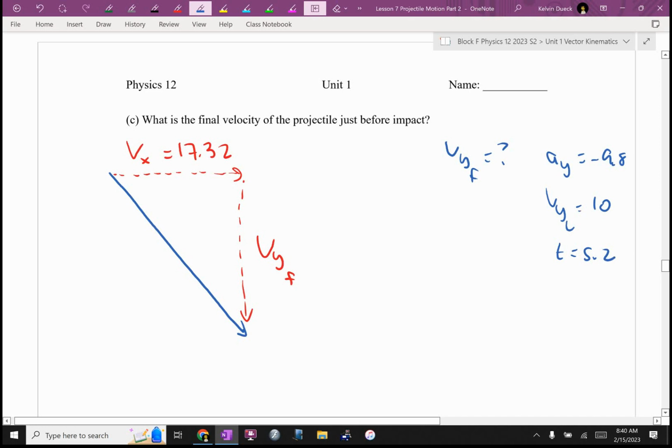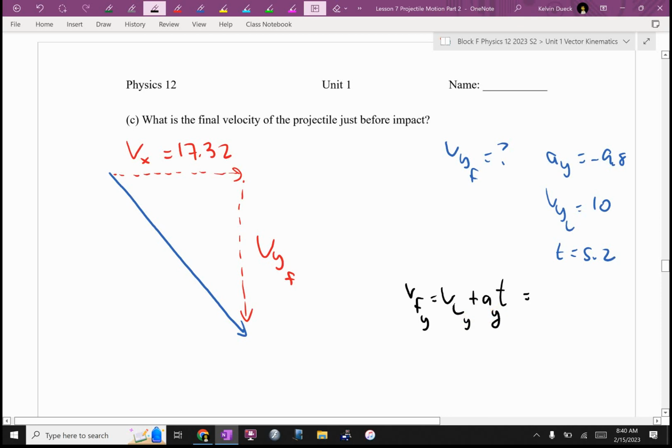I could use the height that we found using Vf squared equals Vi squared plus 2ad. The only problem is that always gives you a positive velocity. In this case, I'm expecting a negative one. So I can use good old Vf equals Vi plus at. As long as I use vertical, vertical, and vertical, go straight to your calculator.